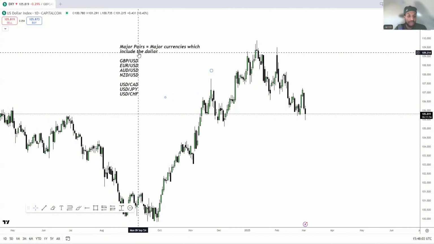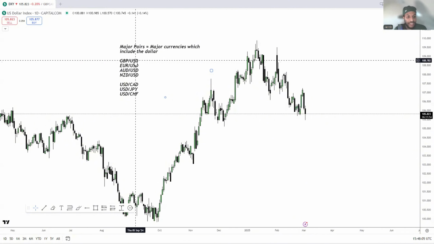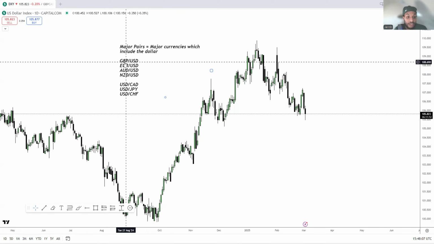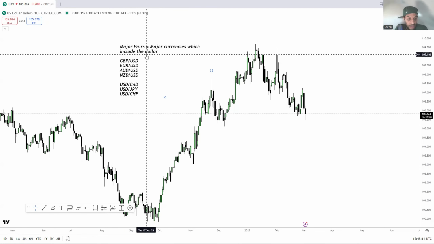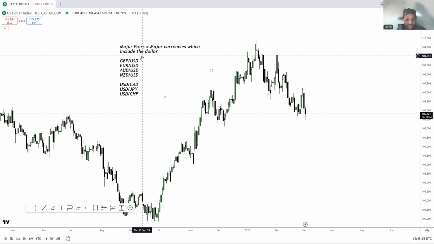So GBP USD, the Great British Pound against the American dollar, is written that way because the dollar is on the back end.